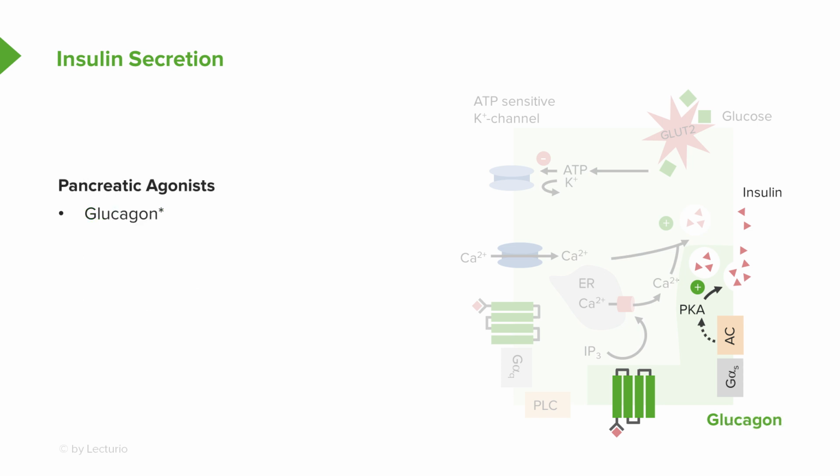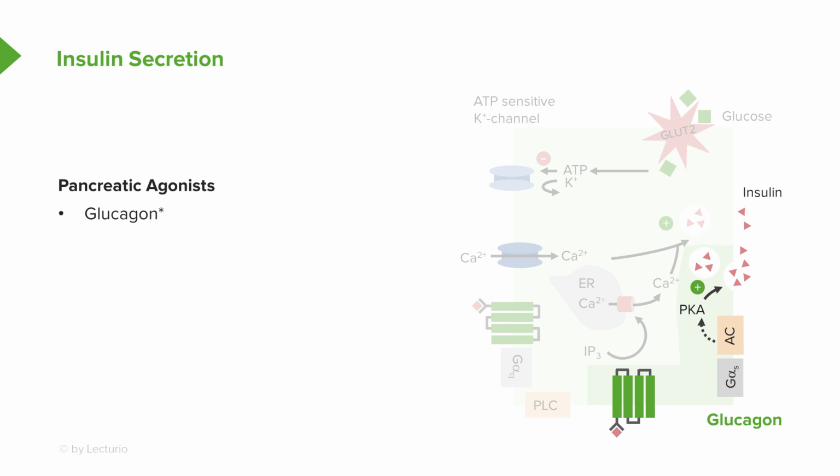Interestingly, one pancreatic agonist that we haven't talked about is glucagon. And you're going to say, similar to the norepinephrine, hey, glucagon is supposed to be the opposite, right? It is antagonizing most things insulin is doing. Yes, that's true. I know it's true too.